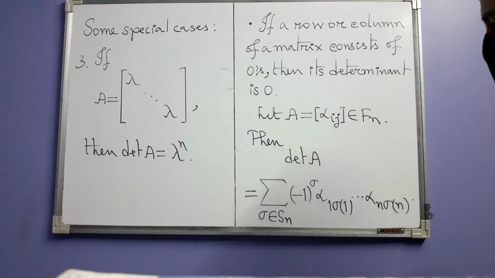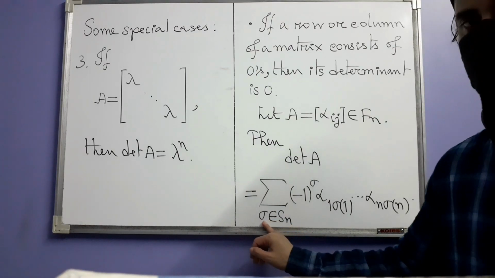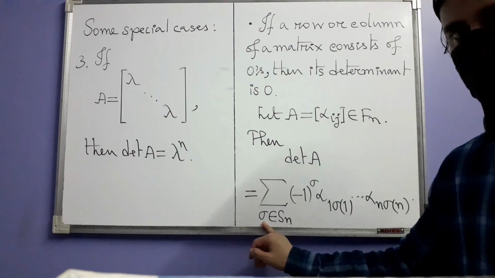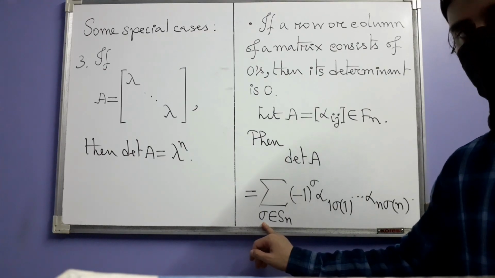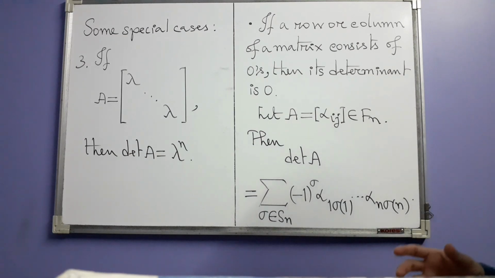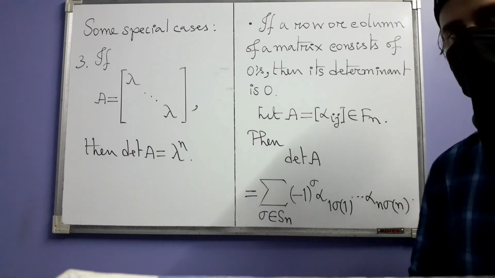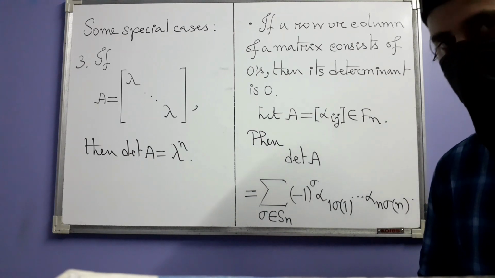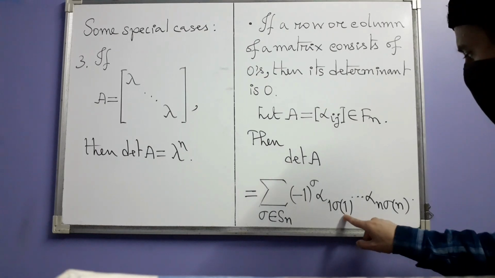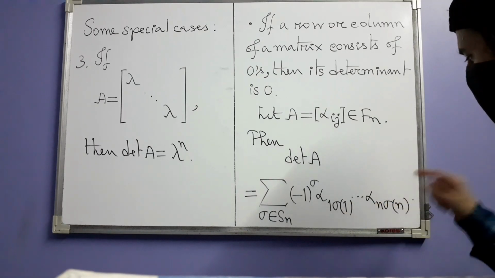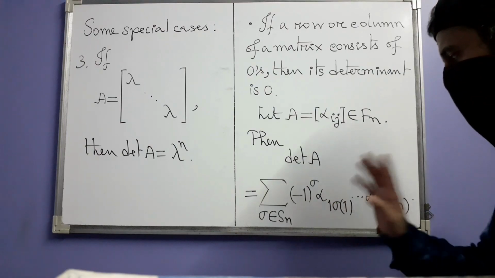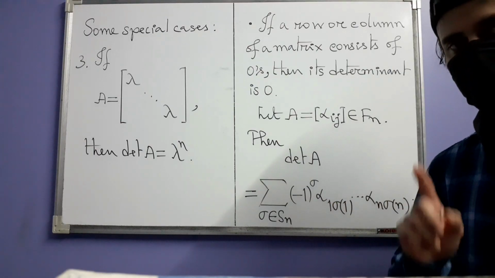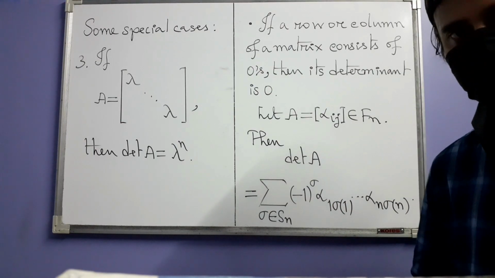It depends on the situation. Do not forget that your sigma is a permutation. And what is a permutation? A permutation is just a 1-1 onto function. Because it is onto, among these sigma values that you see appearing as second index of these alphas, there will be 1 somewhere.